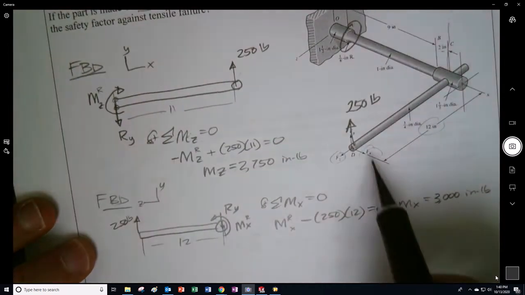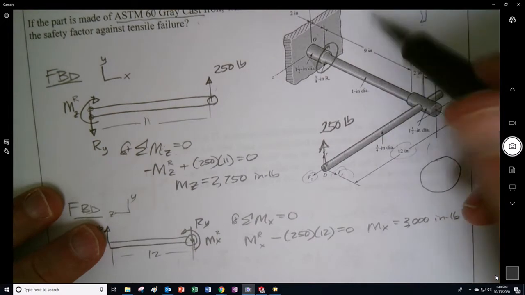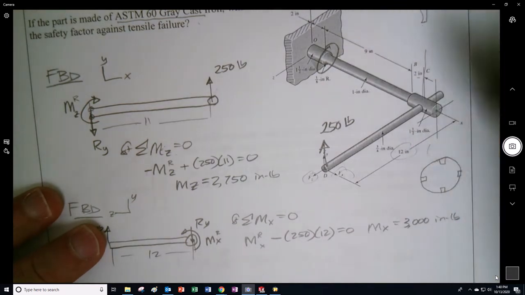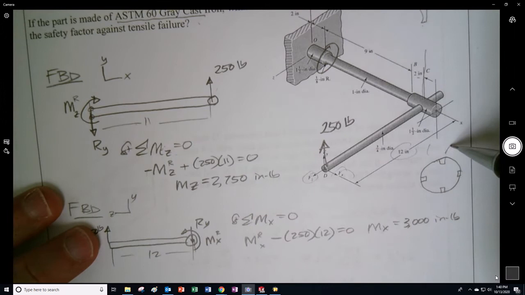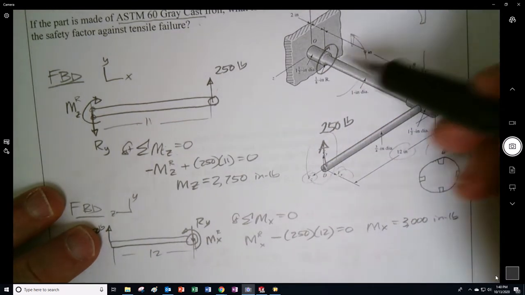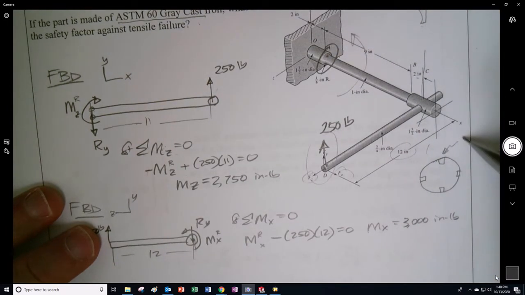And so the justification that we can ignore this, right, is if we take a look at the cross-section right here, and we take an element here, an element here, an element here, and an element here, we're looking at compression right here, right? You can almost just see that this force is going to compress a point at the top. So there's going to be tension here, right? So there's compression here, and there's tension here.